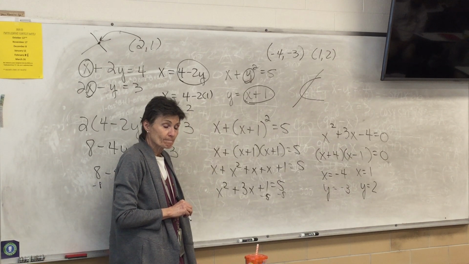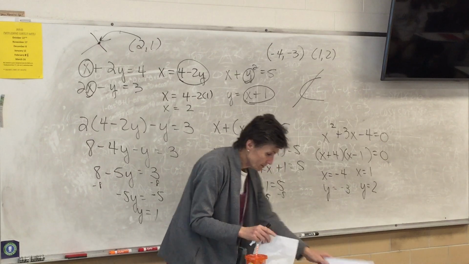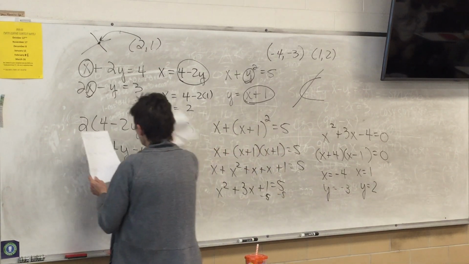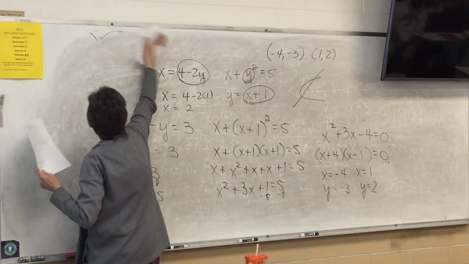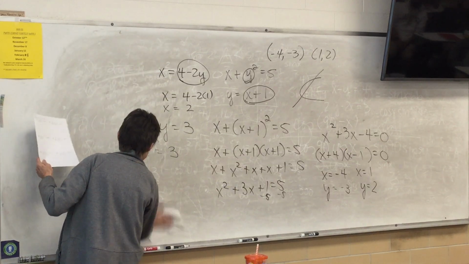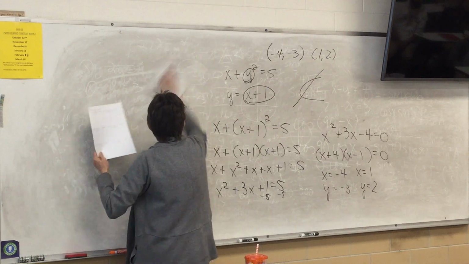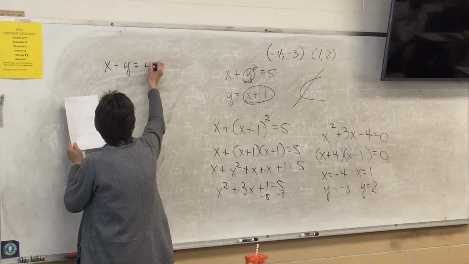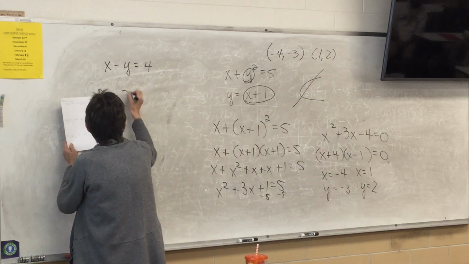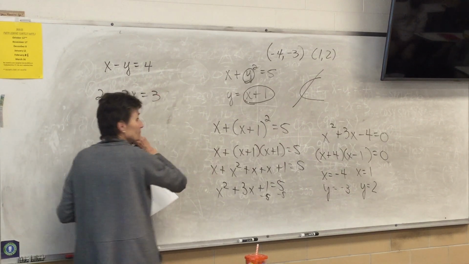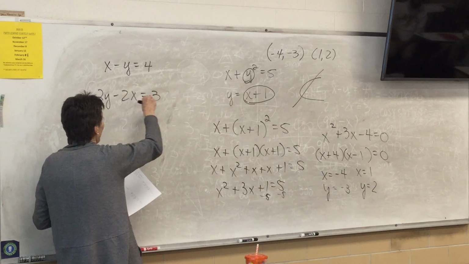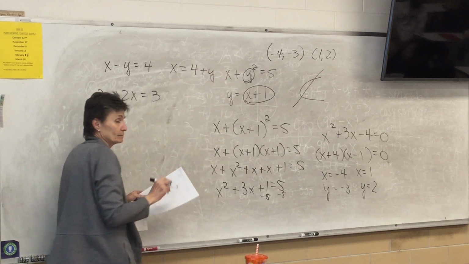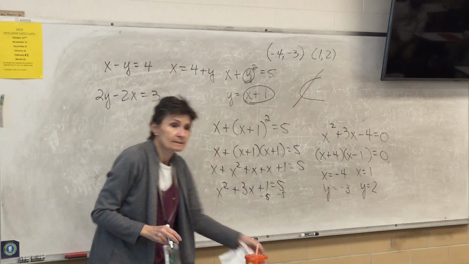Okay? All right, there's one more substitution. I ran out of room, so I erased it. Take a look at it. What variable do you think it might be easiest to get by itself? The very first x. And if we get it by itself, we'll add y over, so x equals 4 plus y. Does that make sense?